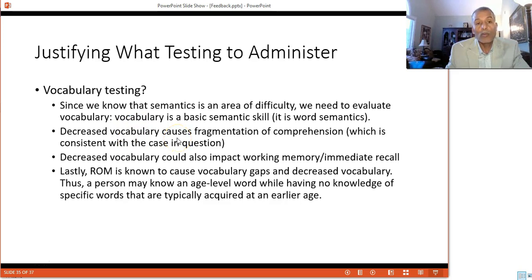I'm explaining that if someone's vocabulary is decreased, that will cause them to have fragmented comprehension. Imagine you have a paragraph and you selectively take out 5 words from that paragraph, just completely erase them, and have someone read that paragraph.